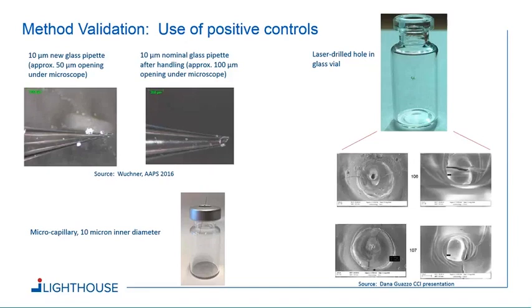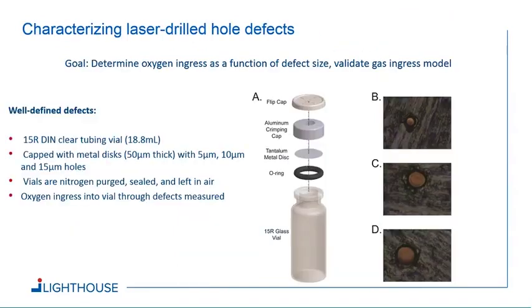And so one thing that we have done to try and understand how sensitive a gas ingress method can be is we have done some studies with a very thin metal disc, which is also laser drilled. And you can see the pictures of the holes that have been laser drilled into these metal discs on the right, and you see that they are actually quite nice round holes with a very easily measurable diameter.